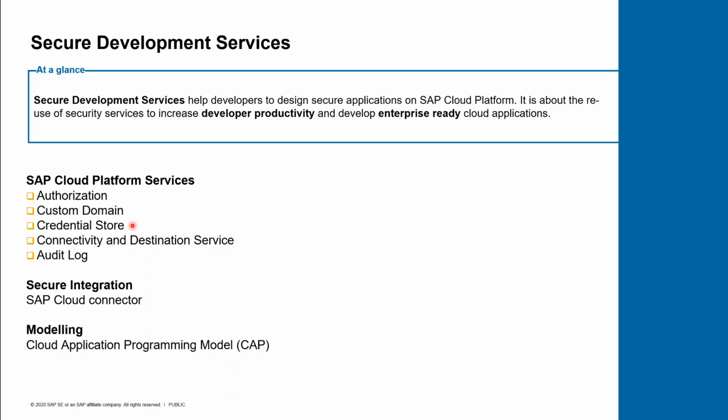Then there is a credential store to securely store user and passwords. It's about the connectivity and destination services, which works in hand with SAP Cloud Connector. And then there is also audit log. In the end, of course, we also provide modeling tools, that is the cloud application programming model. I will create an extra video on that because I don't want to get this video too long, so just for your information.